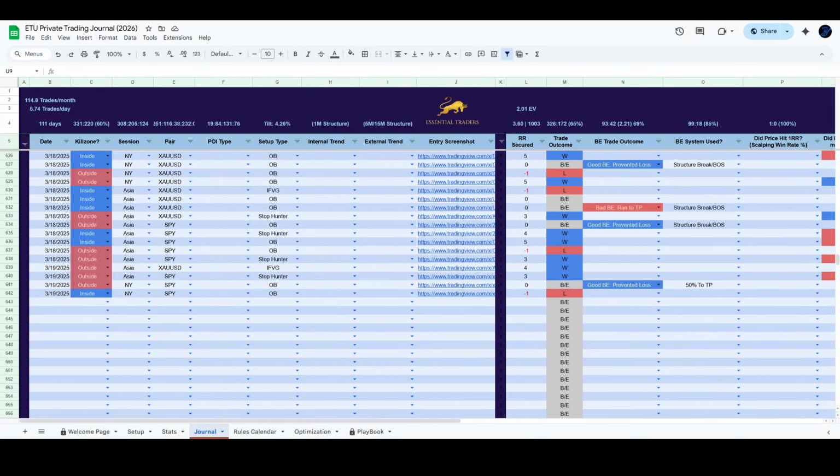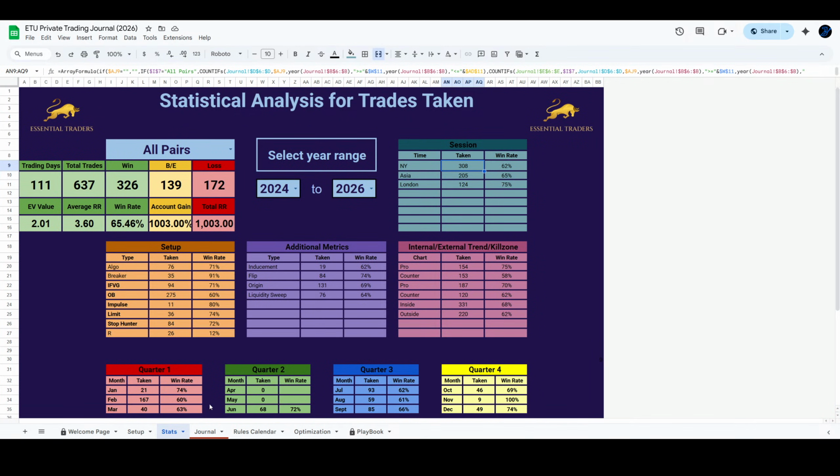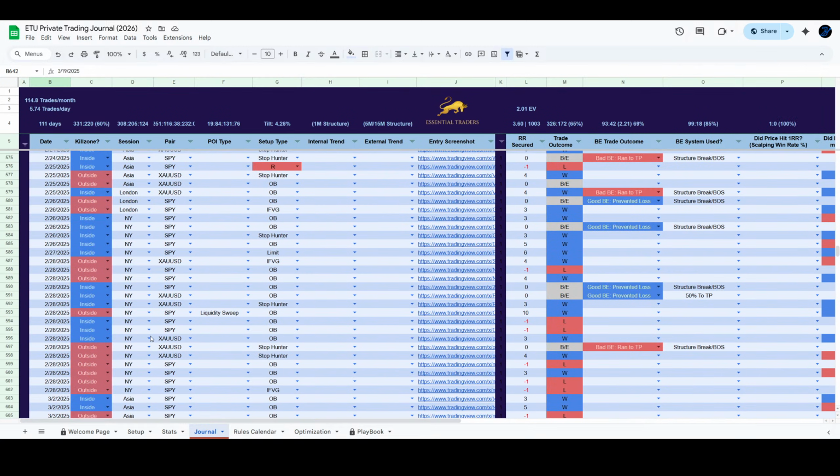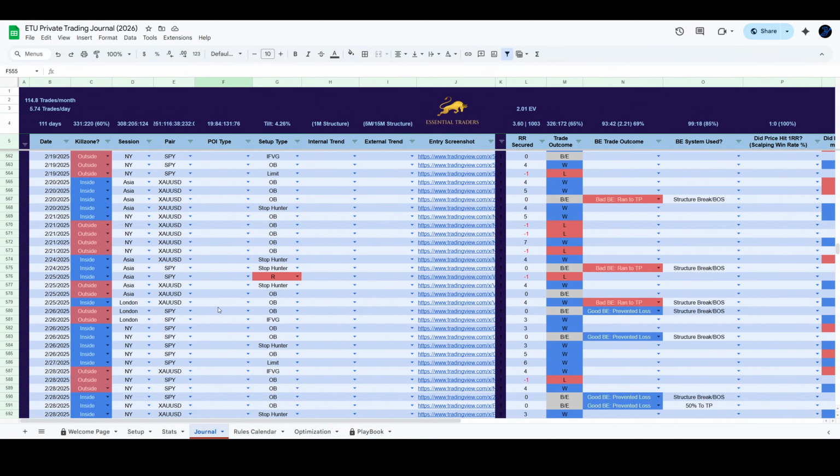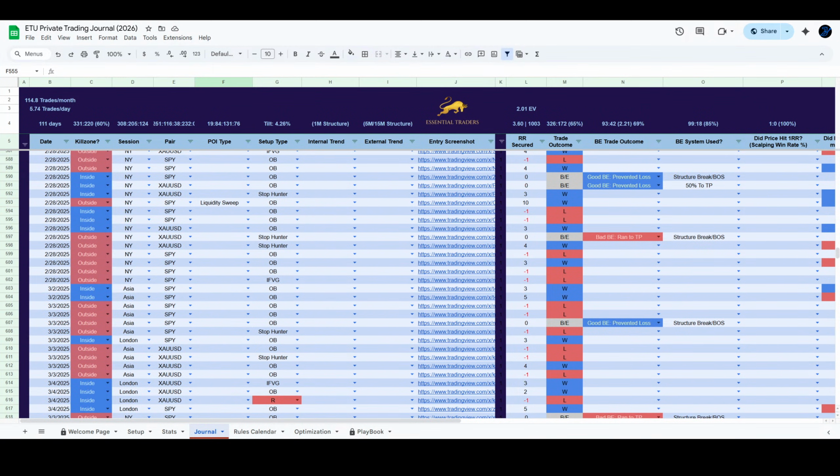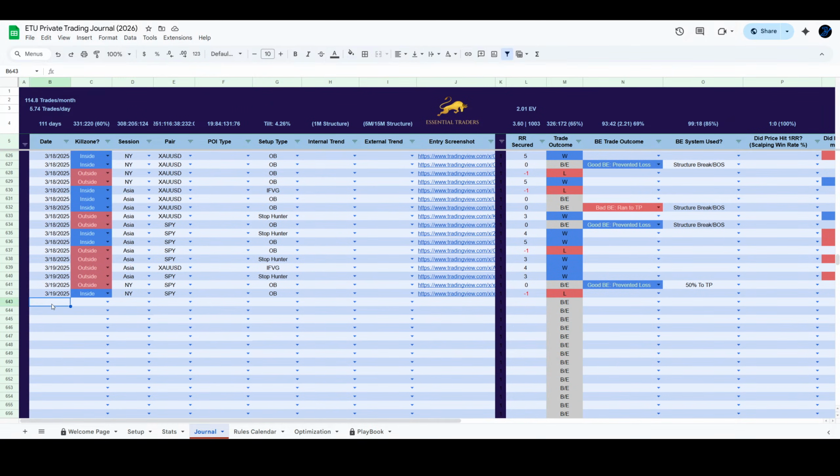Let's go to TradingView first of all. I'm going to continue where I stopped in March. I think I stopped journaling here in March, so we'll continue from March, date-wise.